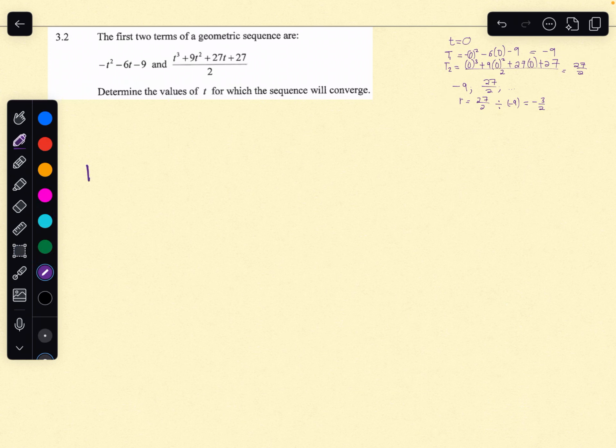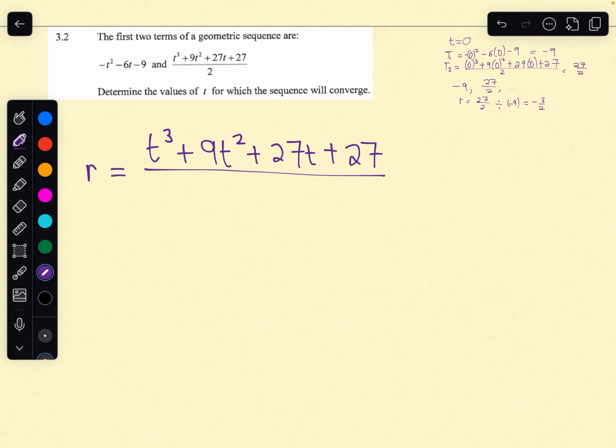So the r for this geometric sequence is going to be (t cubed plus 9t squared plus 27t plus 27) divided by 2, over or divided by minus t squared minus 6t minus 9.